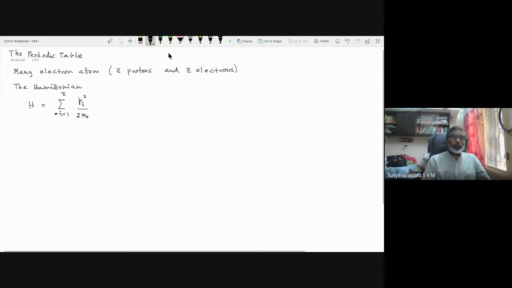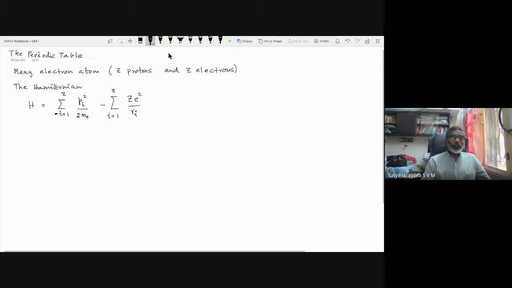And each electron will interact with the nucleus, and that is going to be the sum over i equal to 1 to Z, with a minus sign because Ze is the charge of the nucleus and e is the charge of the electron, so Ze squared by r_i. Here r_i is the distance from the nucleus, and the nucleus is like a point mass, a fixed center.